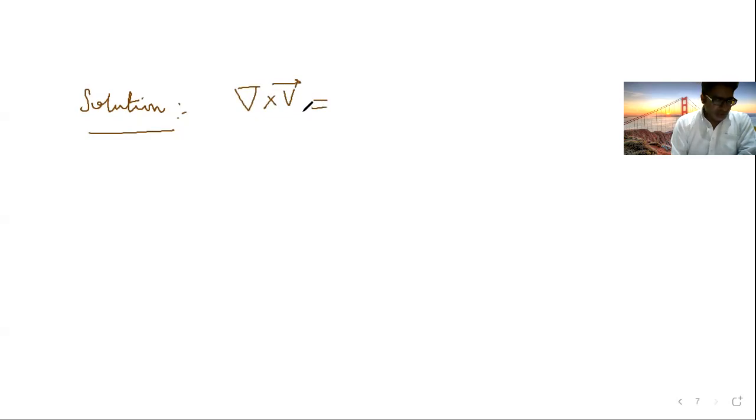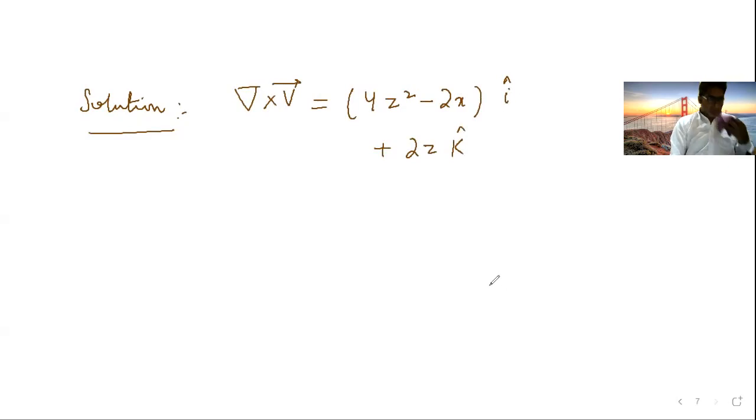When you calculate the curl of V, it will turn out to be (4z² minus 2x) î plus 2z k̂. You will use the determinant formula with the given vector field and solve for the curl of V. So this curl has an x component and a z component, right?